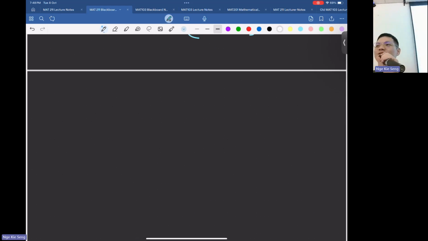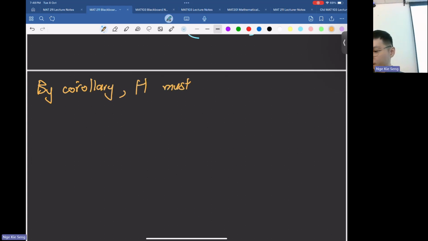Okay, so let's spell out what we need here. By the corollary above, we know that H must be cyclic, so it must be multiples of some integer. But what's this n that generates this linear combination of R and X?